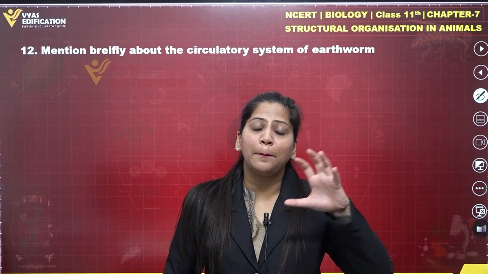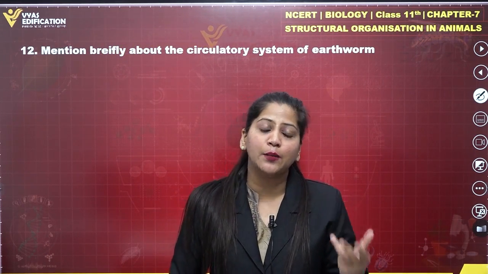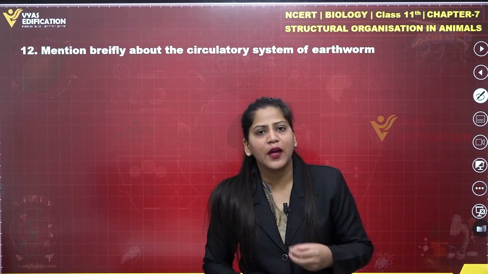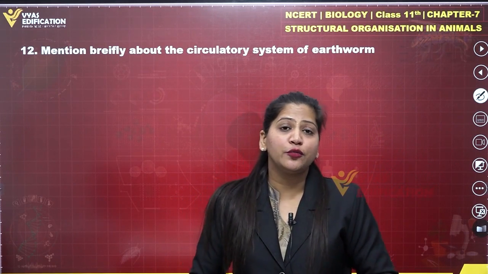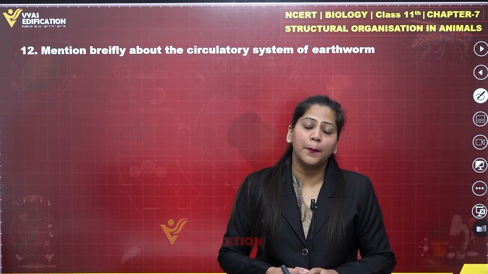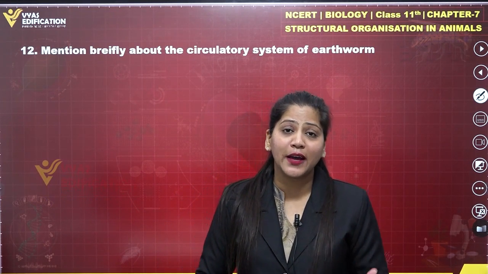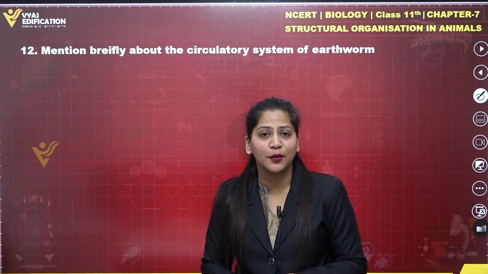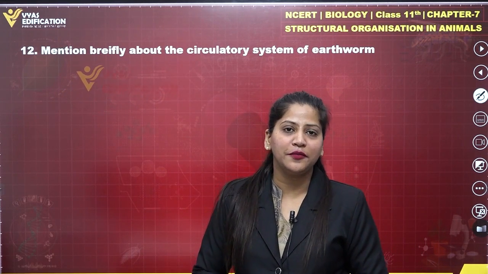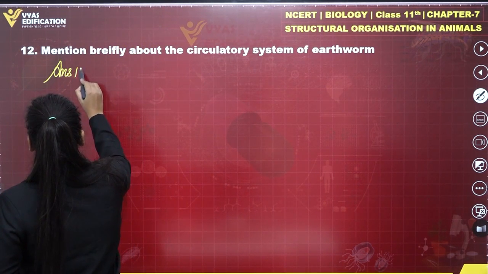Then the blood is supplied by smaller blood vessels to the gut, nerve cord and body wall of earthworm. Blood glands are present in the 4th, 5th and 6th segments of earthworm, which produce blood cells and hemoglobin, which is dissolved in the blood plasma. Also, the blood cells of Pheretima are phagocytic in nature. So this is the description of the circulatory system present in earthworm. Now, let's write the answer of question number 12.